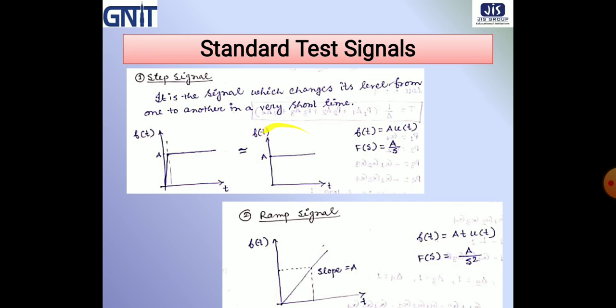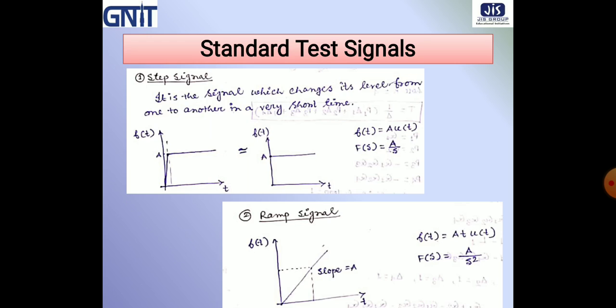This is our step signal, and it is represented by f(t) = A u(t), where u(t) is the unit step, so u(t) = 1. So the step response is basically a straight line.